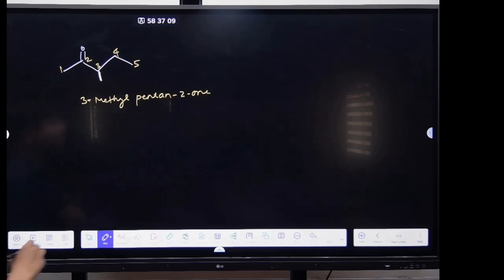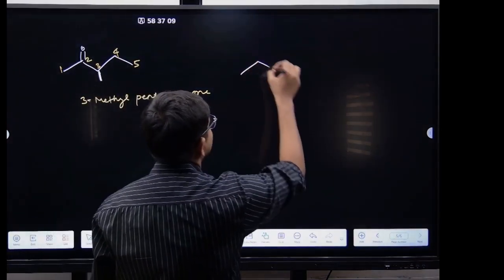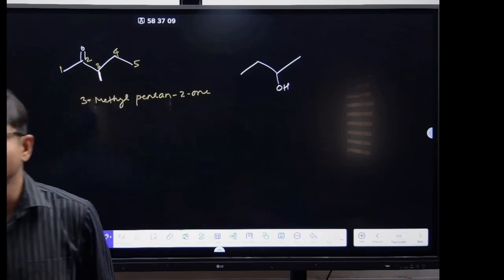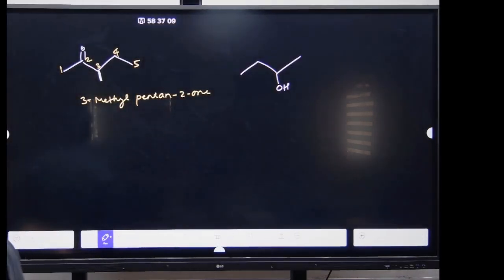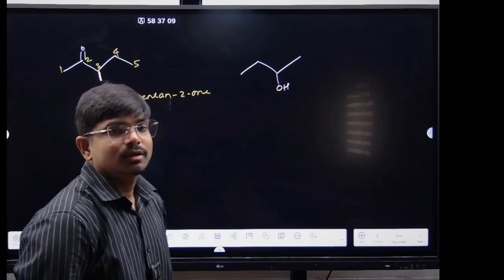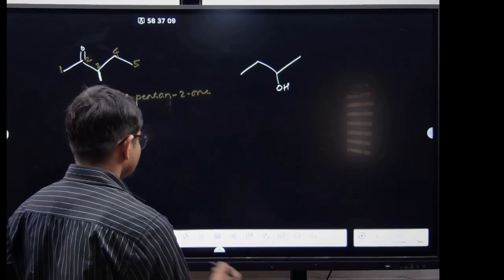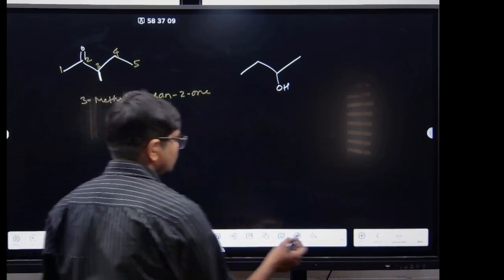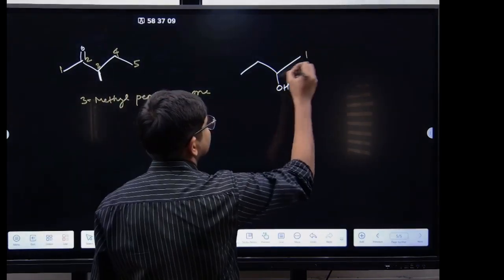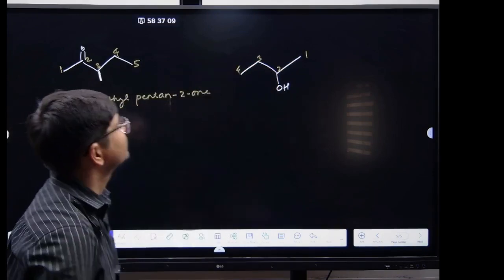Similarly, if I ask you to write the name for this compound, what is the IUPAC name for this one? See here, what will come, so what will you write? You have to write like this. Least number must be given to the functional group, so 1, 2 and 3, 4.